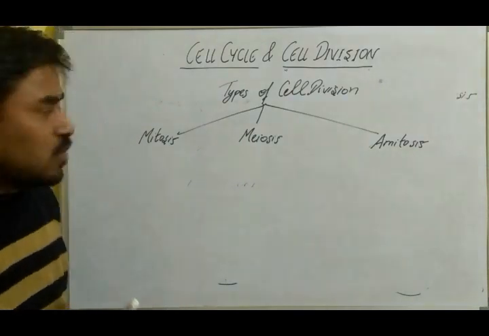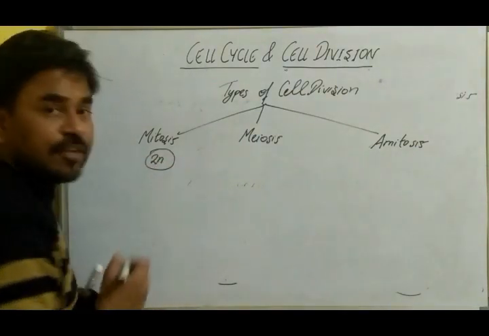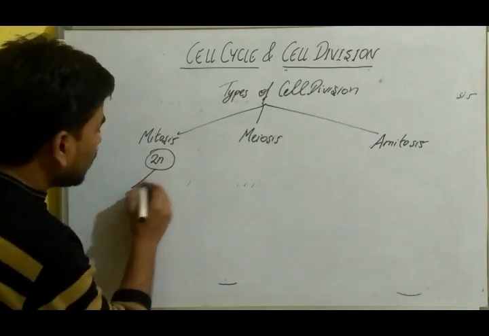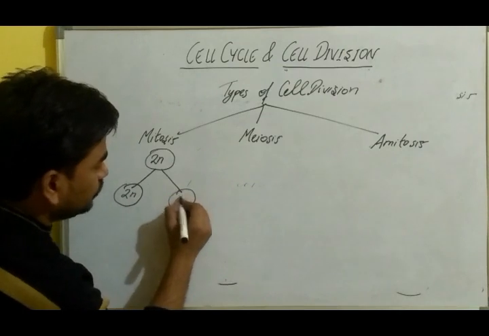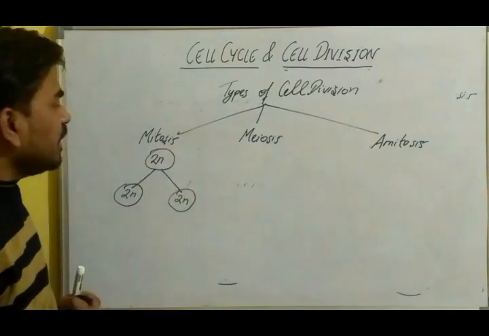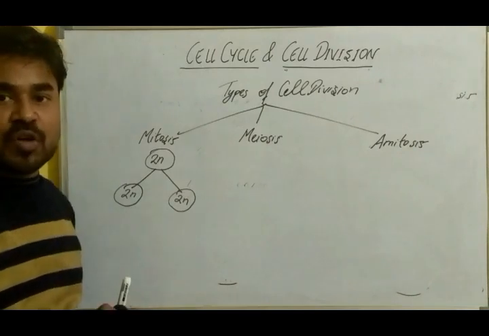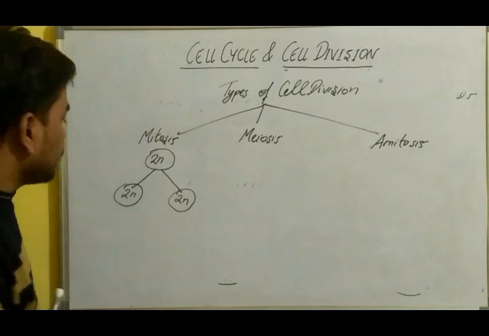In mitosis, what happens? The diploid cell divides into two new daughter cells which are also diploid. So in mitosis, the parent cell divides into two new daughter cells which are identical to their parent.